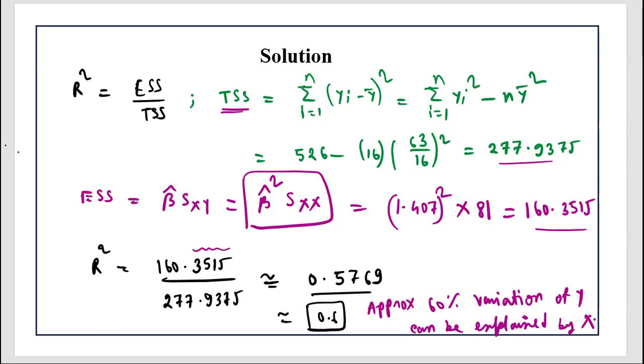Actually, this is in decimal, basically. That is why the calculation might vary. You can check your own calculation. So 0.75 to 0.60, anything will do, any range between this. Some variation will come in my calculation and your calculation due to the decimal part, but that doesn't matter. Approximately 60% variation of the dependent variable Y can be explained by our independent variable X, right?